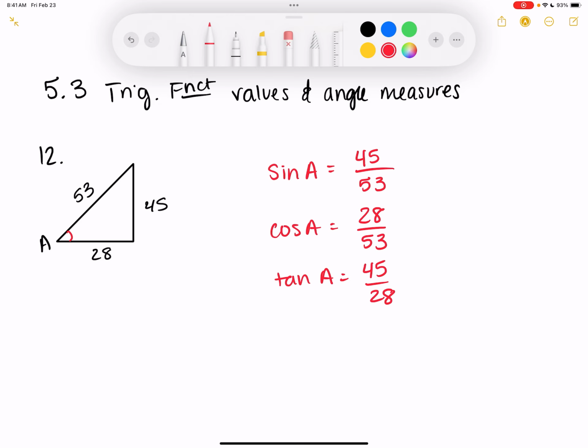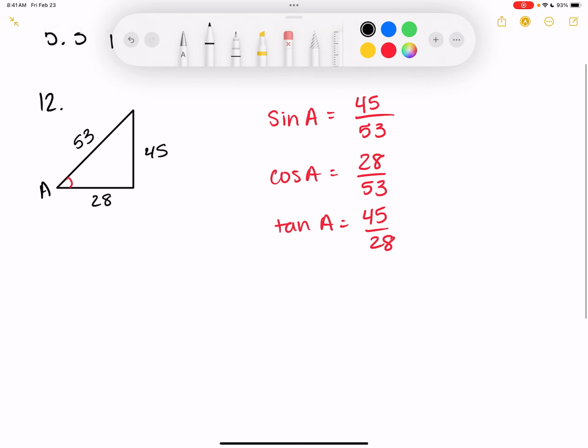Let's see, number 14. This triangle is supposed to have a right angle here. It doesn't exactly look like it in my drawing, but we'll just pretend.